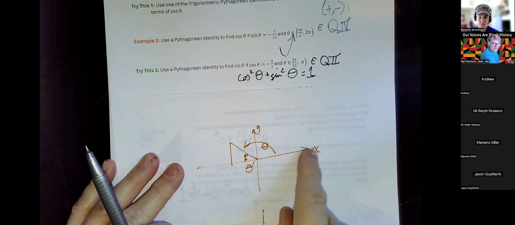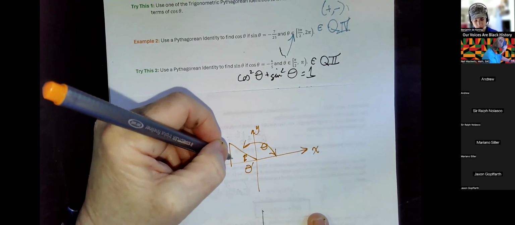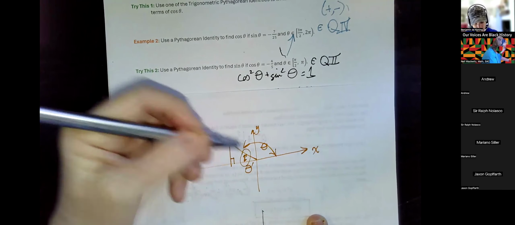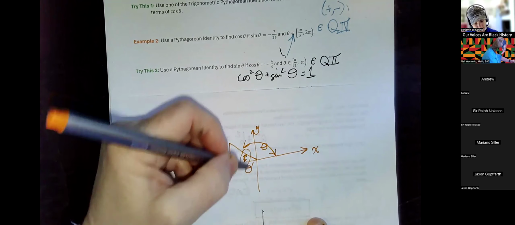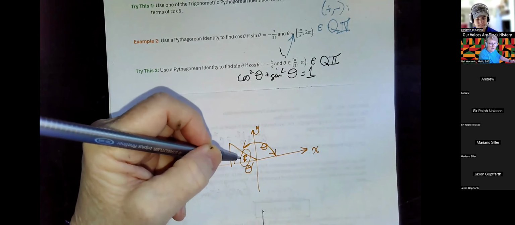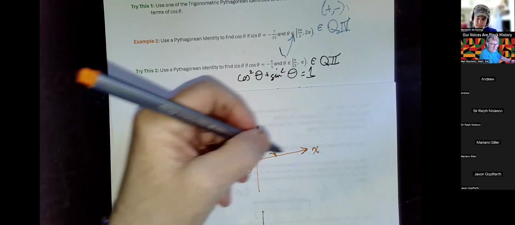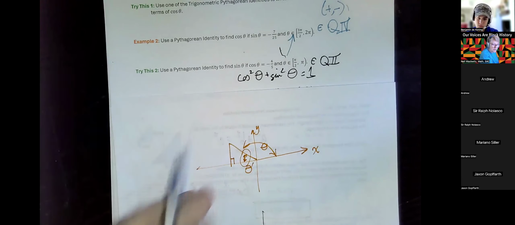So it starts at the positive x-axis, and it goes to the hypotenuse of the triangle that we drew. But we are going to think of theta prime as just this inside angle, the angle between an x-axis, any x-axis, and the hypotenuse.